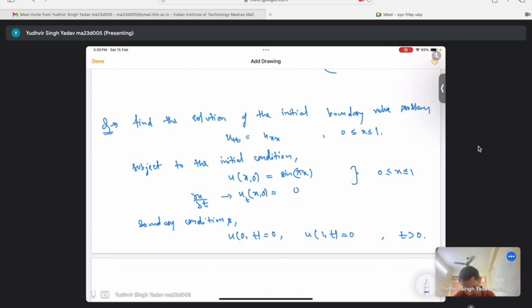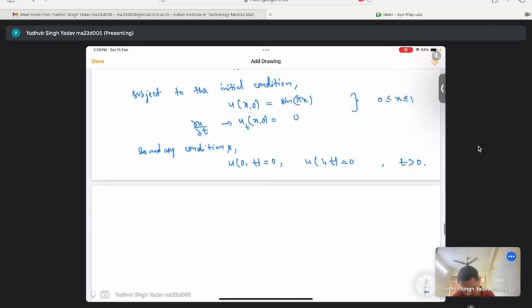So here, in this question, we have to use explicit scheme, that is the scheme number 1 or 4, either one we can use.